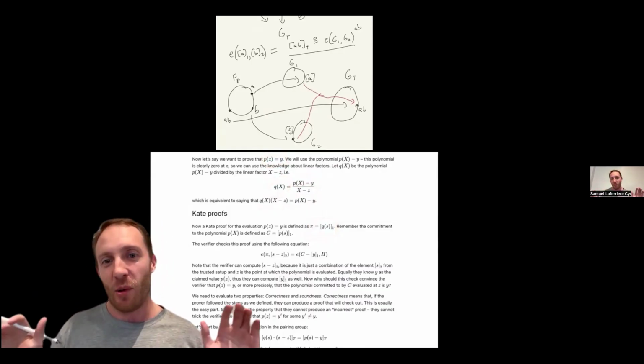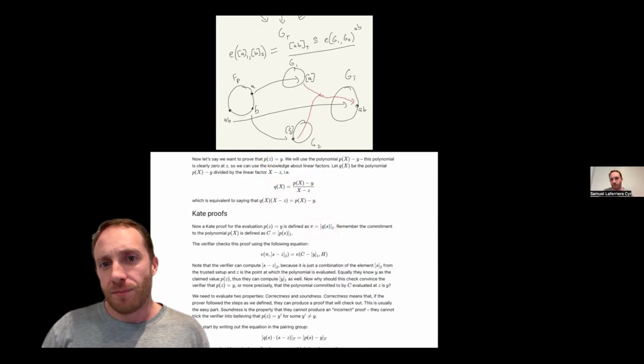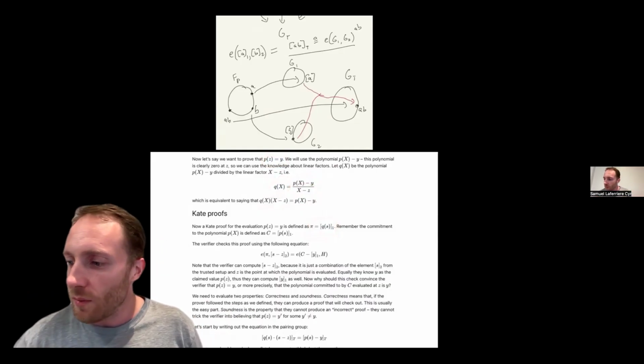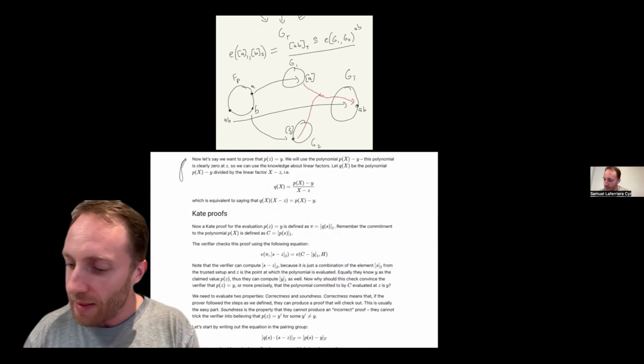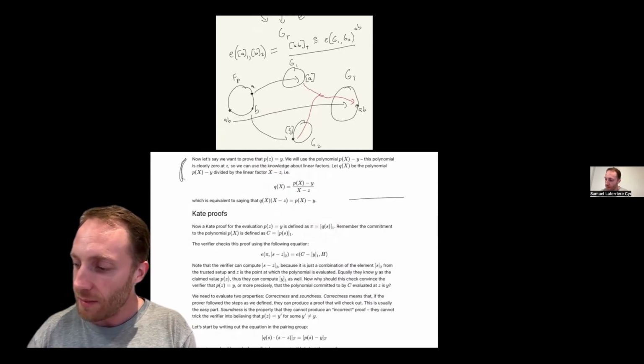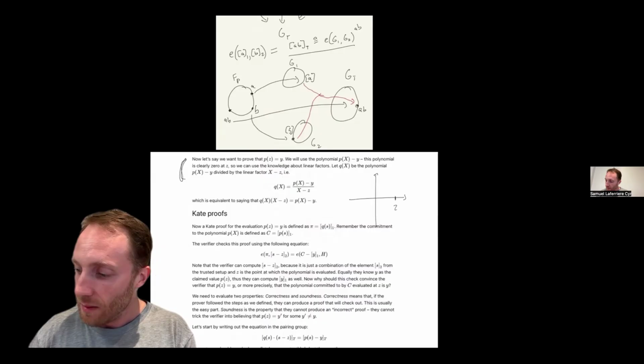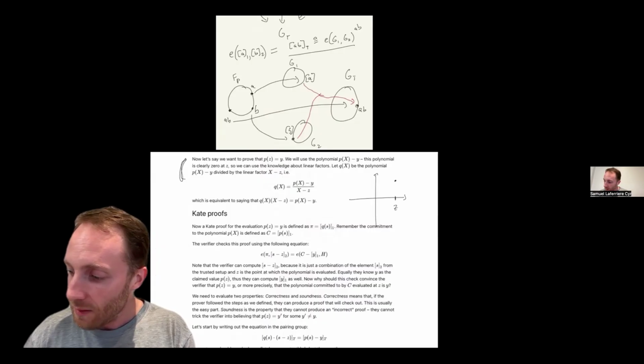So let me unwind all of this. Let's expand on this in case it wasn't clear. Here we have a point Z, and P is equal to Y at Z. So let's say we have some polynomial like this.